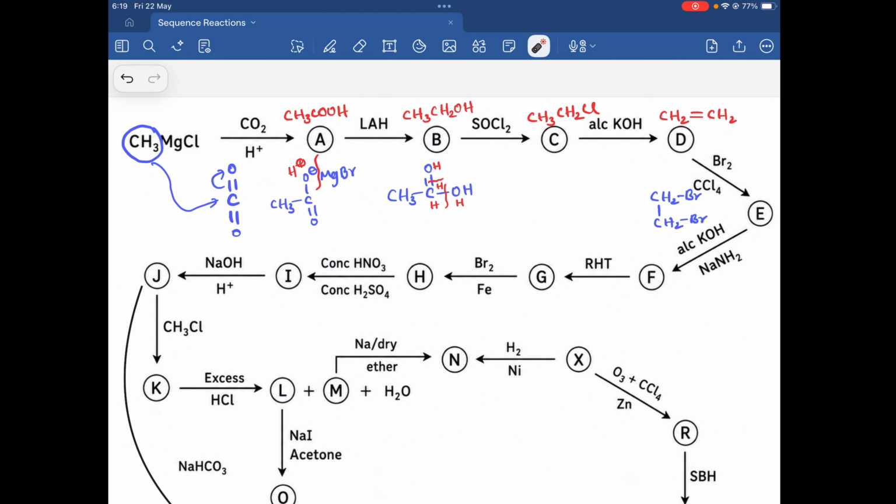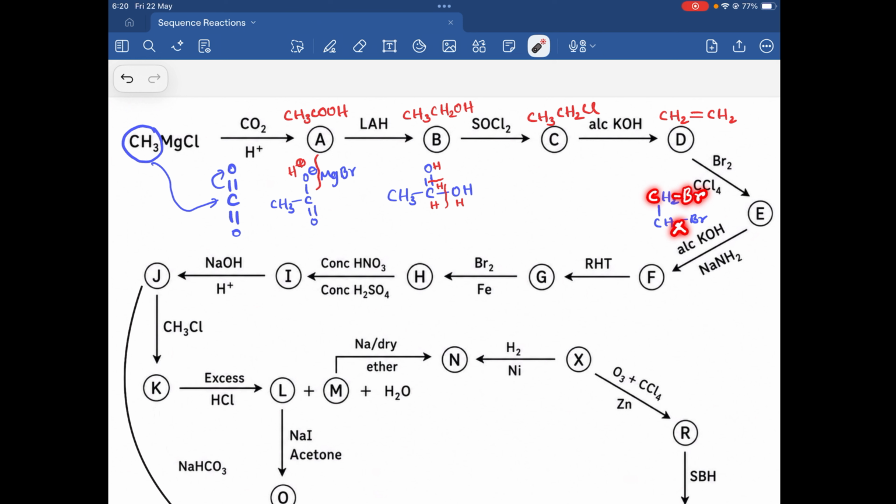This E on reacting with alcoholic KOH, again it follows Zaitsev rule or dehydrohalogenation. See, this NaNH2 also you can use as a dehydrohalogenating agent, which means for this reactant we have to do two times dehydrohalogenation. If you do one time, you can remove this Br. So if you remove Br from this carbon, you can remove hydrogen from the adjacent carbon.